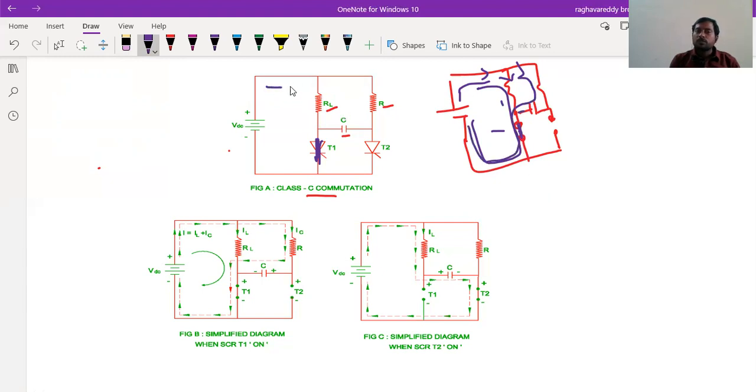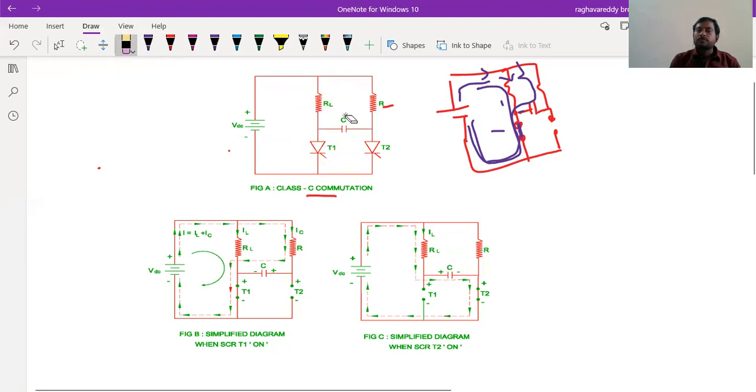This is one path to flow the current through the thyristor, and the other is through the resistor and capacitor. So there are two paths available to flow the current when thyristor T1 is turned on.